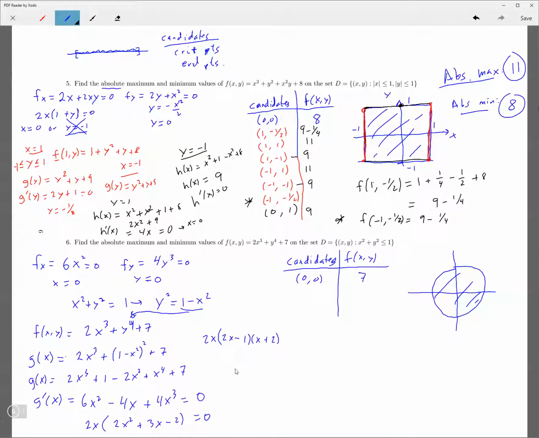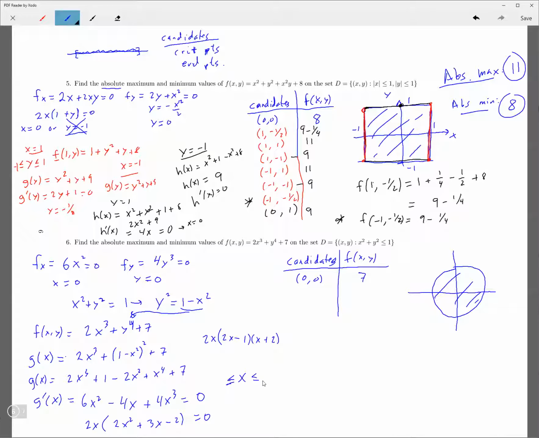Now, one thing that is not readily clear from this situation, but just happens anyway, is that you actually do have an interval for x.